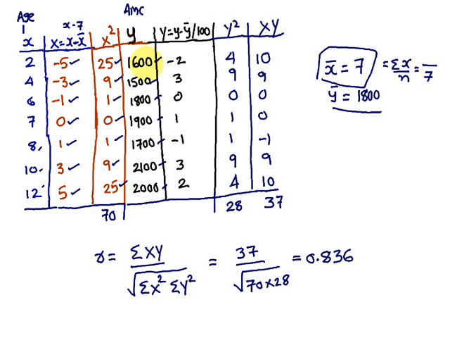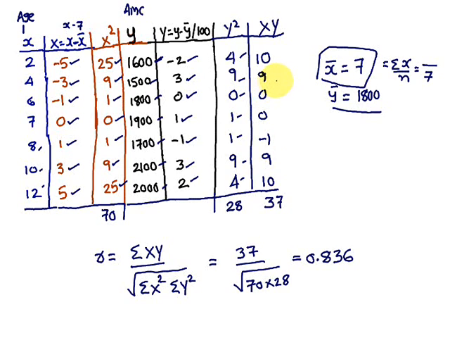It is 200, so 1600 minus 1800 means minus 200, and minus 200 by 100 is equal to minus 2. Here also you will get plus 3, 0, 1, minus 1, 3, 2. Similarly, y square is 4, 9, 0, 1, 1, 9, 4.